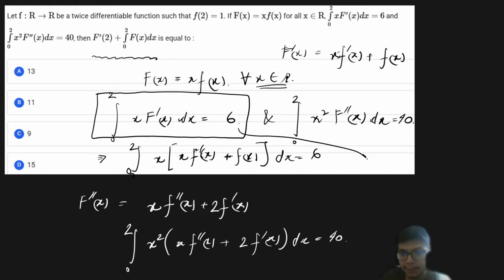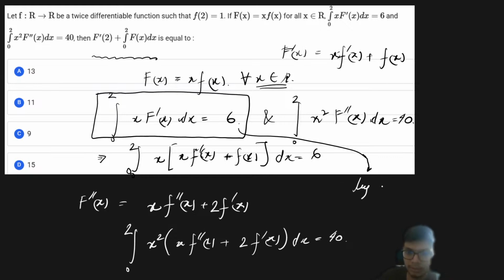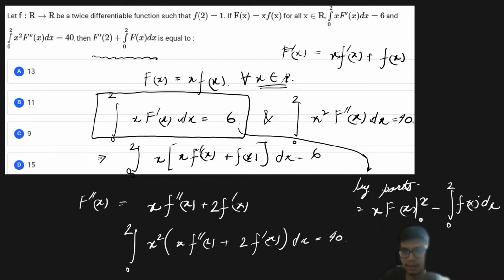So if you put the by parts, I am solving by parts. That is going to be equal to x into f of x from 0 to 2 minus the integration from 0 to 2 of f dash of x, that is going to be equal to small f of x dx, and is equal to 6.